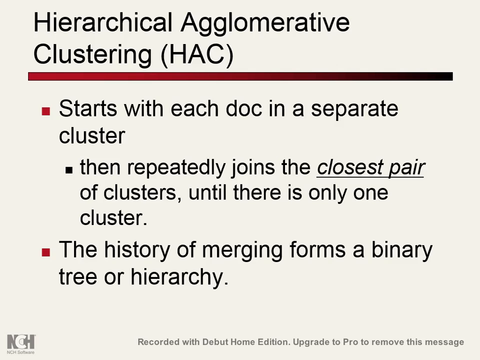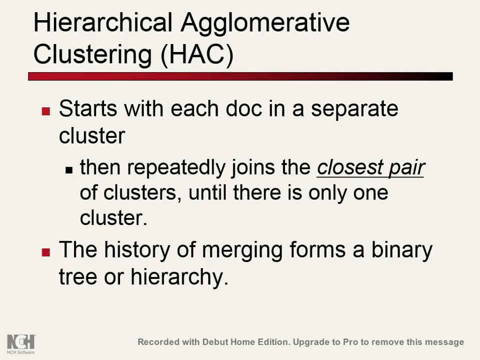And then we merge the closest clusters together. Each time we just merge 2 clusters, merging from bottom to up. So it's called agglomerative clustering. Start with each document in a separate cluster, then repeatedly merge the closest pair of clusters.